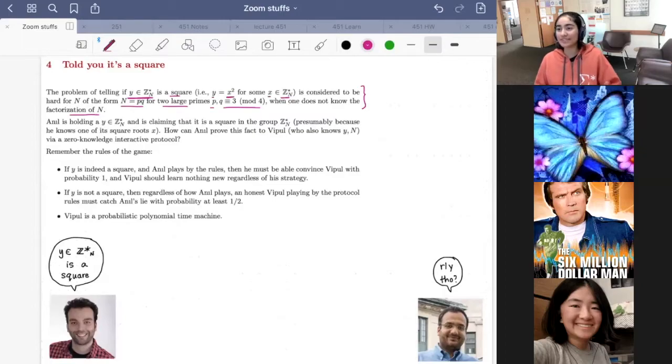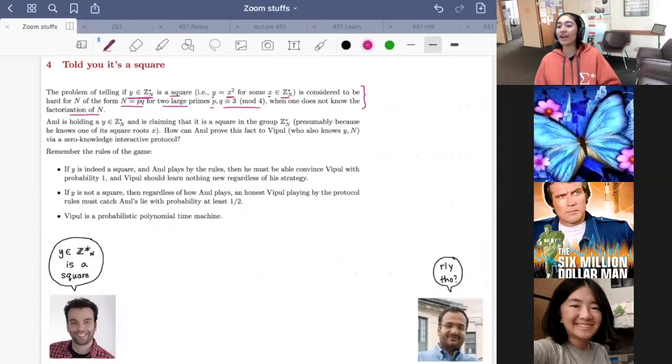So how can we do this under the idea of what a zero knowledge interactive proof is? The rules are that if Ada is telling the truth and y actually is a square, then he should be able to convince Vipul with probability 1 using whatever protocol we design. At the same time, Vipul shouldn't learn what x is. He shouldn't be able to figure out what the square root of y is. On the other hand, if he is lying, we give ourselves a little more leeway because we can't make a perfect protocol.